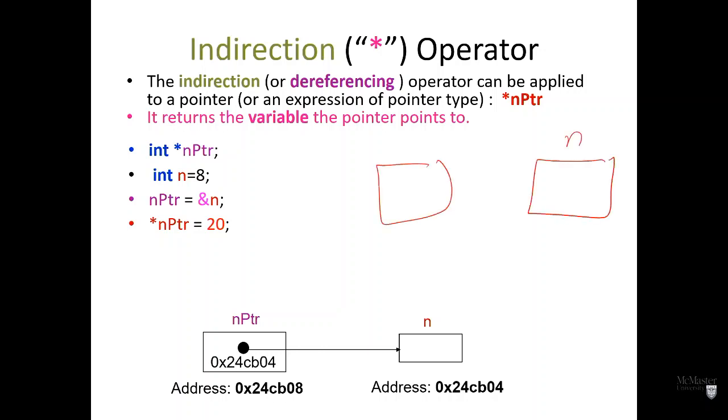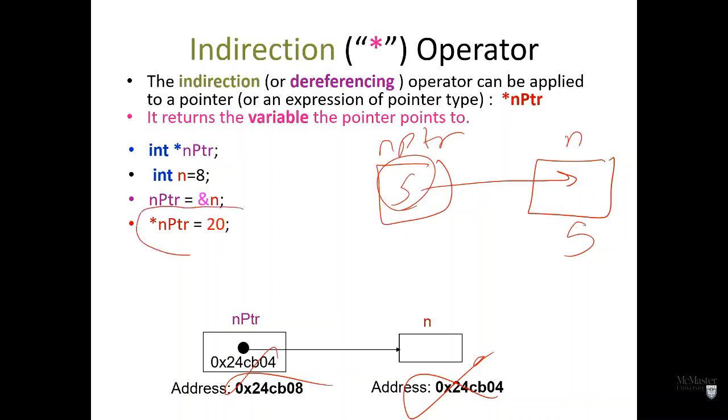I have n pointer pointing to this one. Assume, forget about these things for now, that this address was 5. That means n pointer has a value of 5. Later, I change it from 5 to 20.